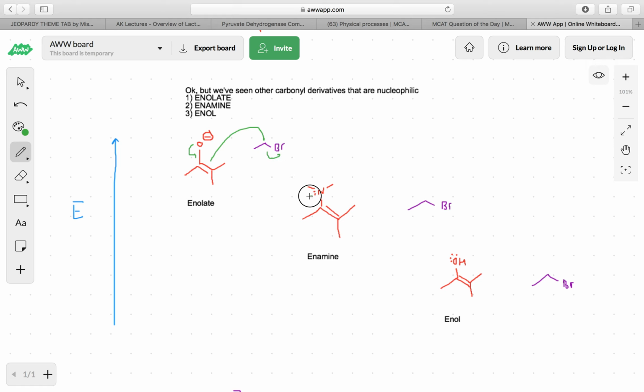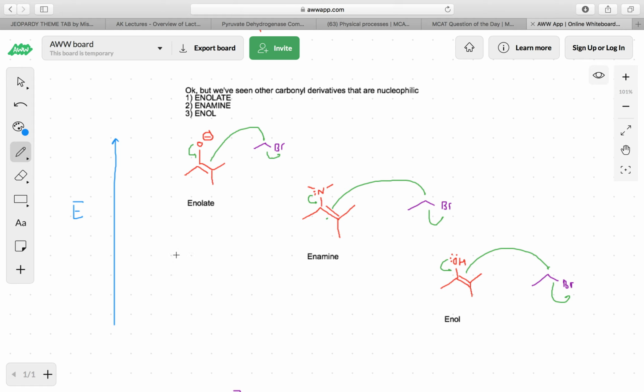In this case, this lone pair is going to push down. This pi bond is going to come in and attack this carbon and kick off this bromine. And in this case, the lone pair on the oxygen is going to come down. This pi bond will attack this carbon and kick off the bromine. So it's a very similar mechanism. And now let's see what the products will look like.